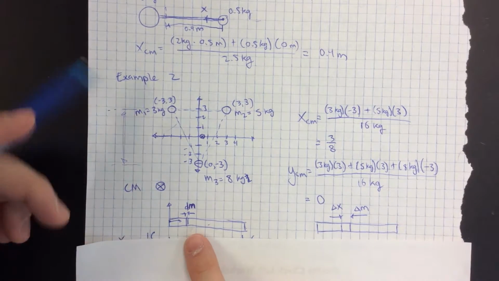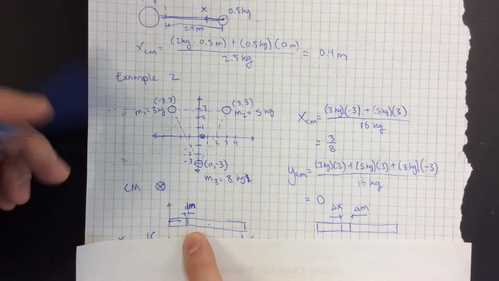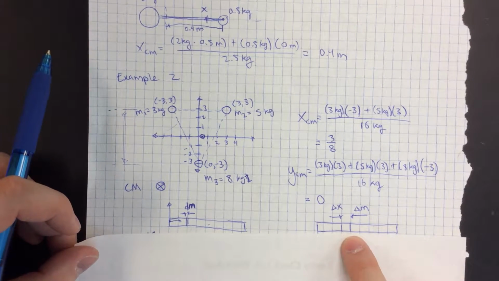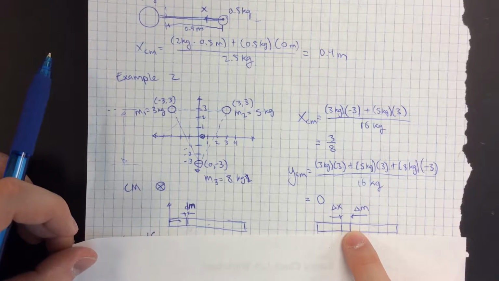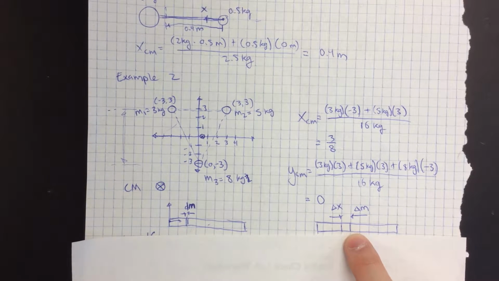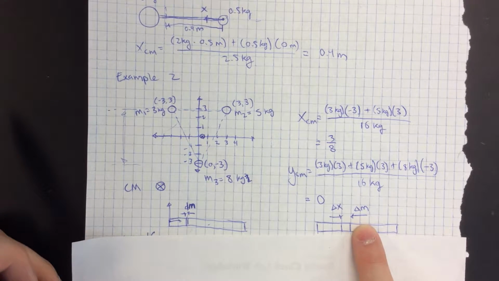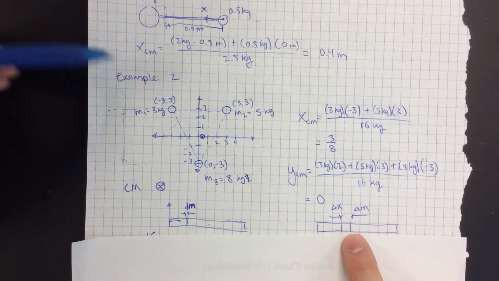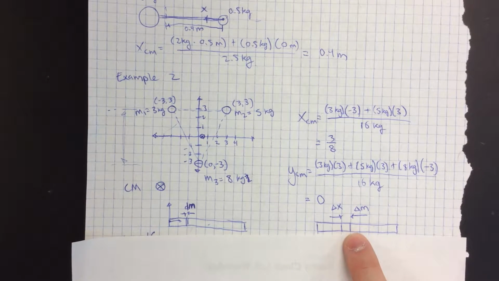Well, before we do it with the calculus method, think of it like this. Let's just take one slice, not infinitesimally small, but an actual significant slice, delta m. It is important to note that you don't take a slice of delta x.